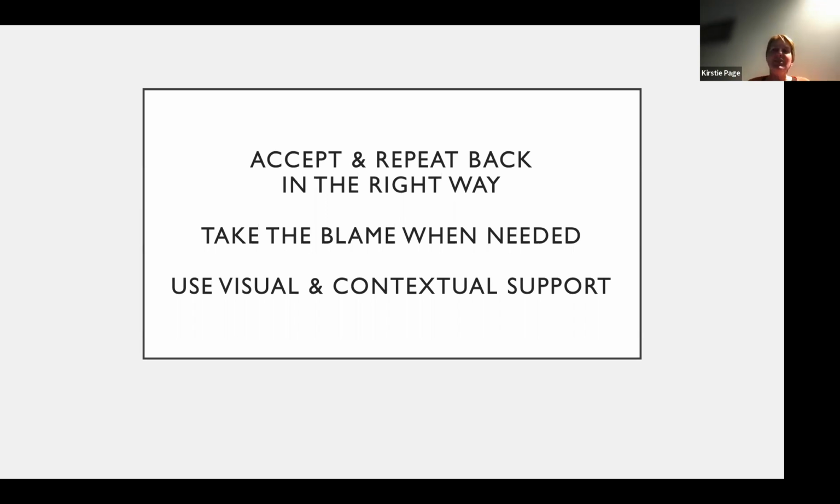But what you're doing is you're not trying to fob the child off and going, "Ah, yes," when you haven't understood. You're acknowledging that there is some breakdown in communication, but you're not putting the blame on the child. You're taking the blame and trying to get round it. That is fundamentally so different from the child's point of view to saying, "Oh, I'm sorry, I don't know what you're saying."